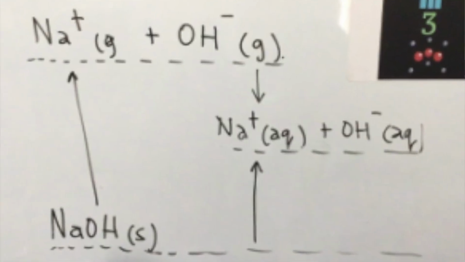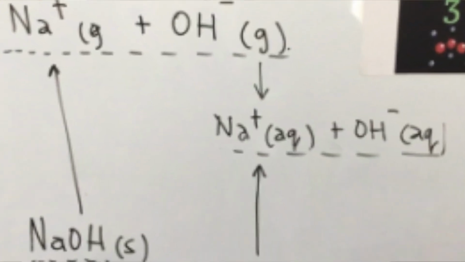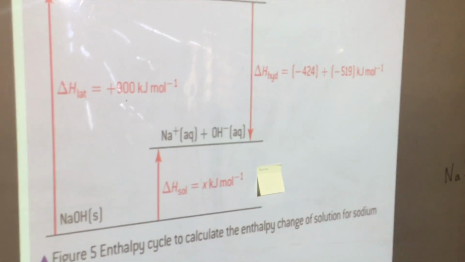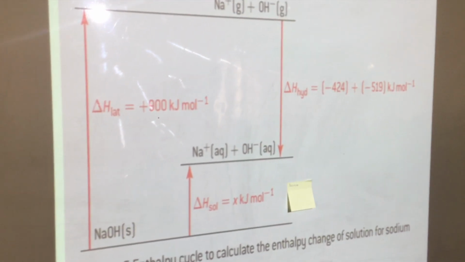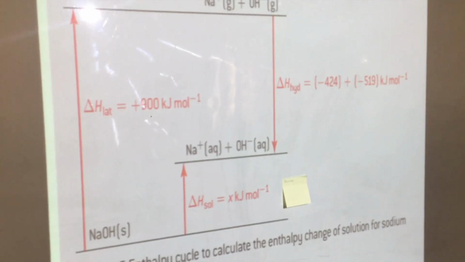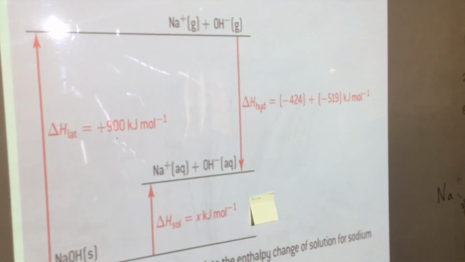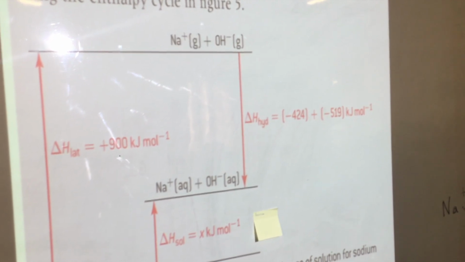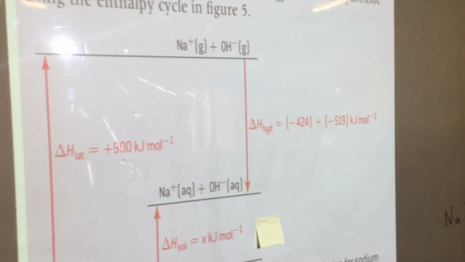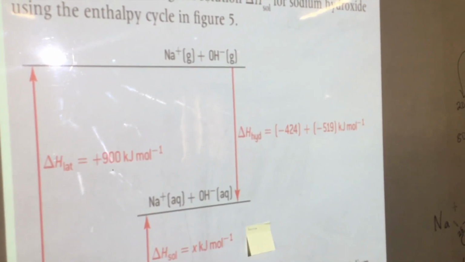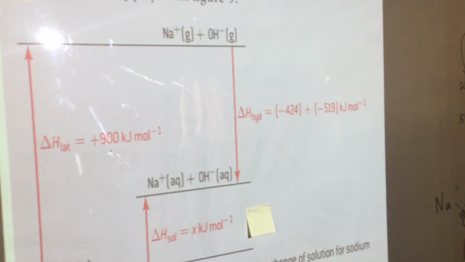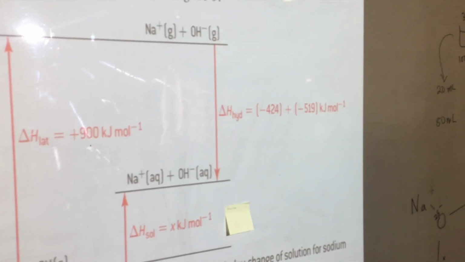If you see the diagram here, the diagram shows that for enthalpy of solution, you have the solid sodium hydroxide forming aqueous ions in aqueous solution. And then for hydration, it's completely different. It's not solid sodium hydroxide. You're looking at going from these two ions in the gas state and then putting them into an aqueous solution.